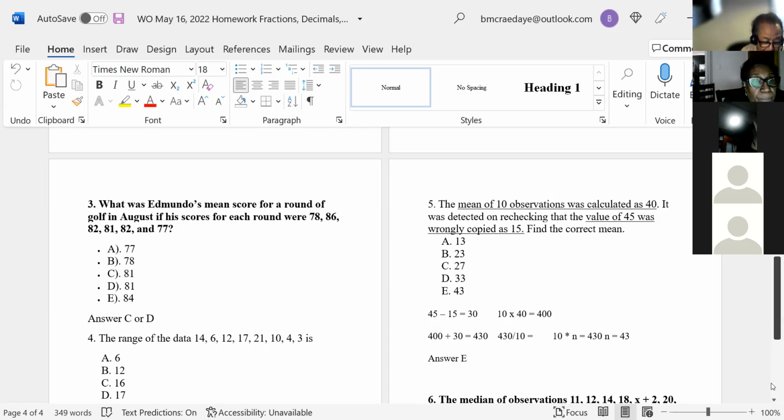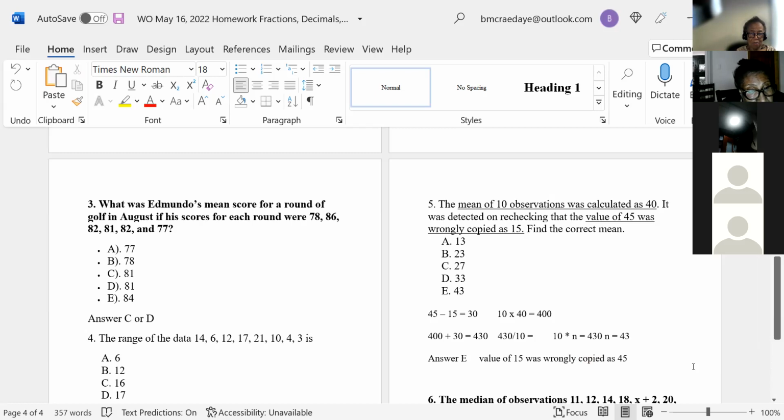I'm saying the value of 15 was wrongly copied as 45. So I'm changing it up and I'm asking you, what would be the new total? Would it be the same?